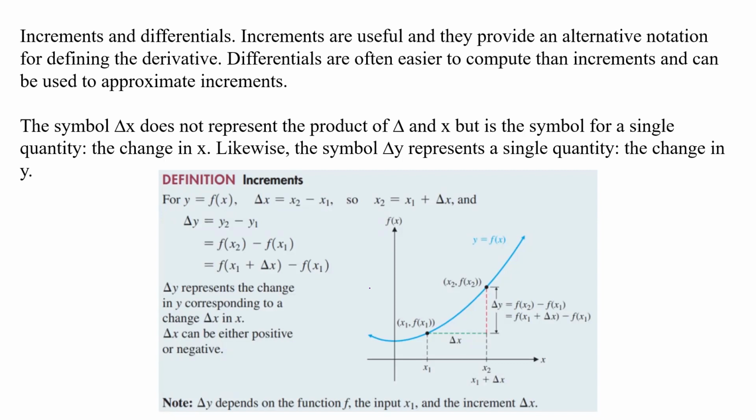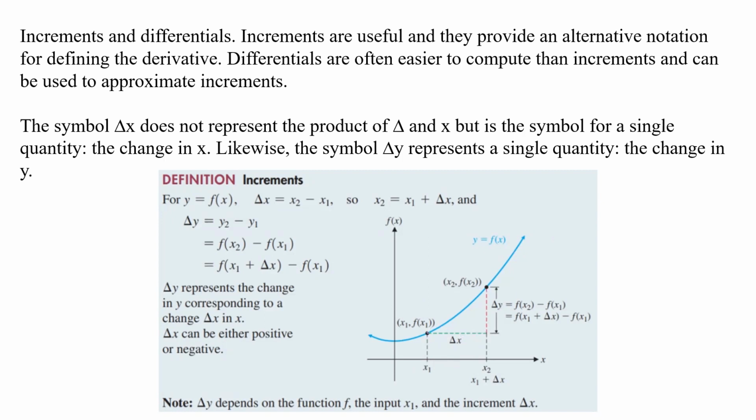So delta y represents the change in y corresponding to a change delta x in x, and delta x can be either positive or negative. Looking at this graph, our blue line is our f of x, and we have point 1 and point 2. The change in x is going from this x to this x, so we take the second minus the first, and that gives us delta x.